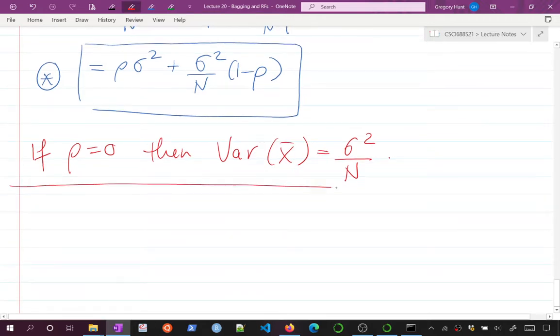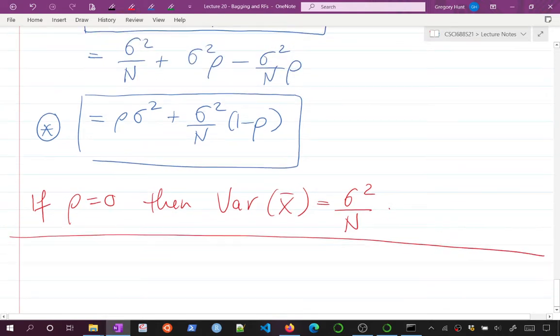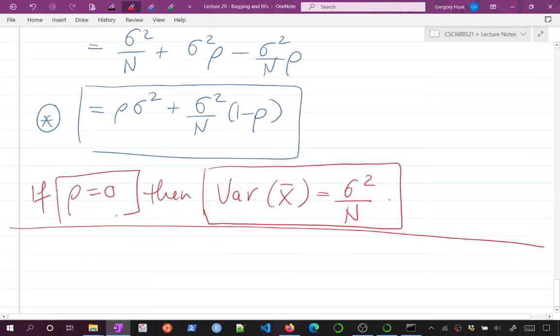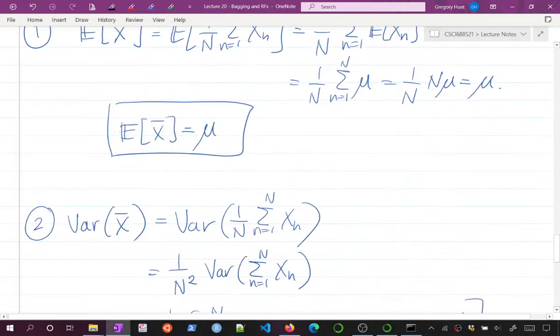So let's just put that in the back of our mind. So what do we need for this to be true? We need their correlation to be basically 0. And if that's true, then if I average things, I'm not going to change the expected value of these things.